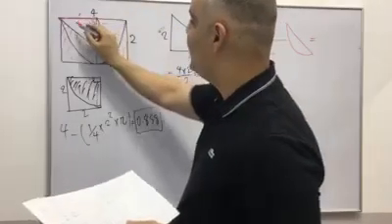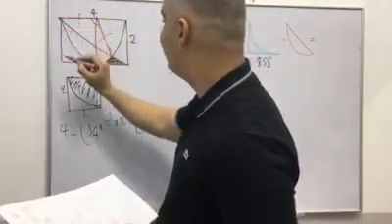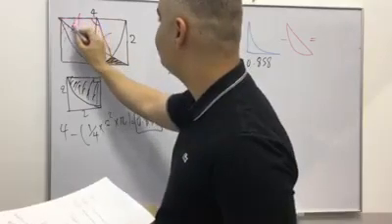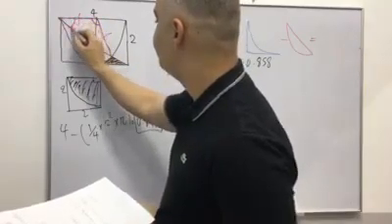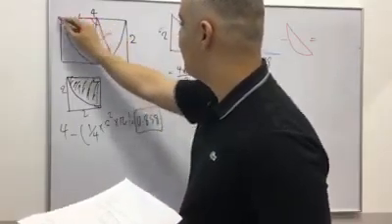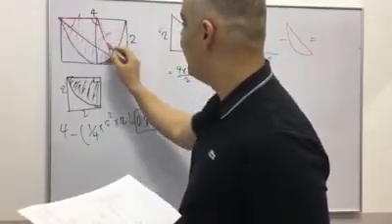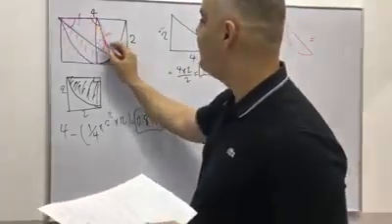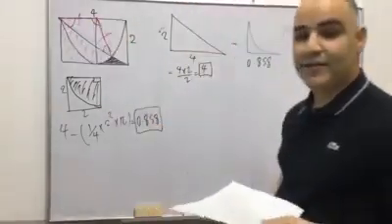I'll try to find this angle. Since this is an isosceles triangle, I can assume that these have the same measure, then I can find the angle that I want.